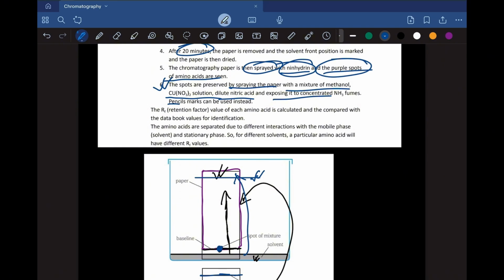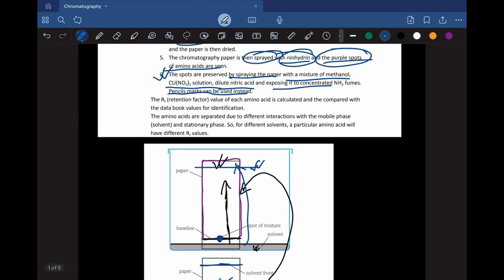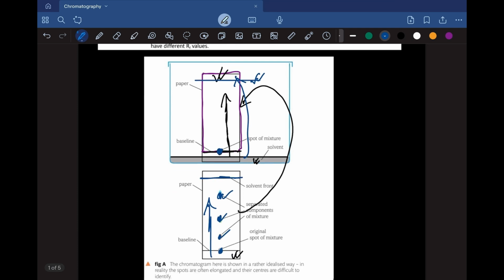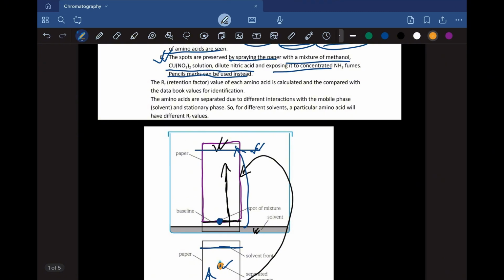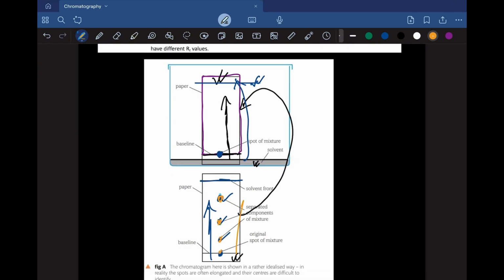You can also use pencil marks to make them permanent, so that we can understand how much they have actually gone up. Okay, the solvent front has reached from this position to this position, right?